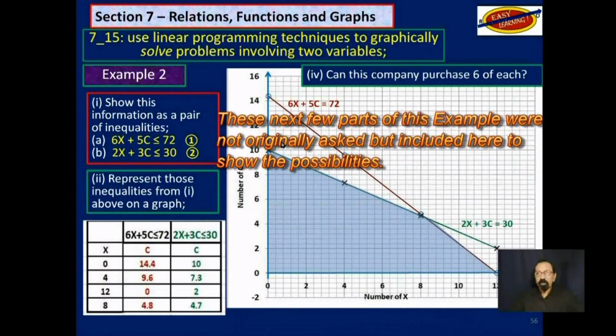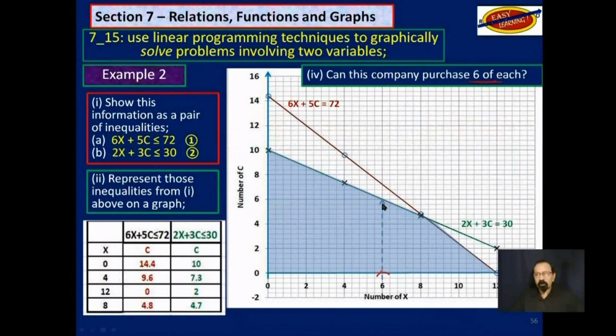Now, next question. Can the company purchase 6 of each? This is much easier. So you come up here at 6, you come up here at 6, and you come across here. And yes, we arrive at 6.